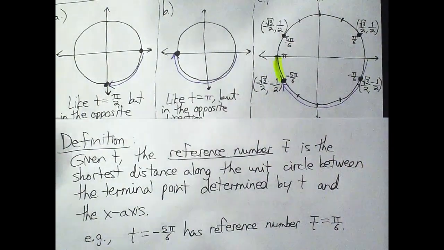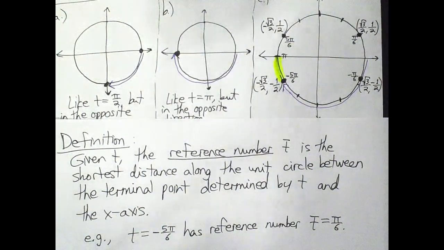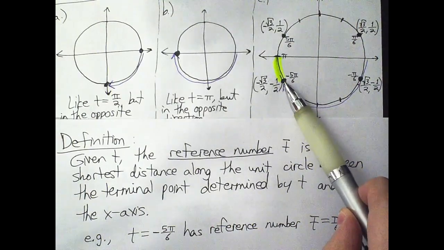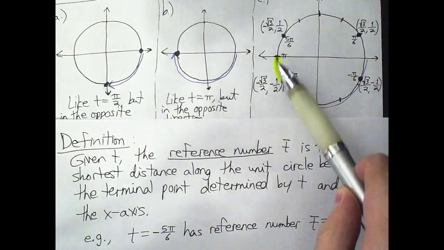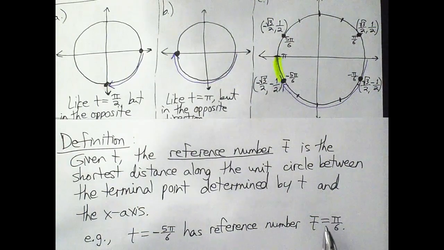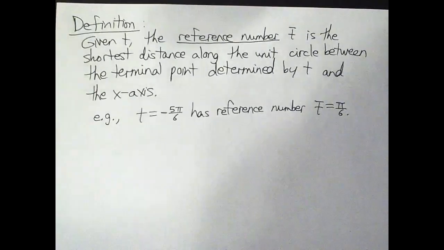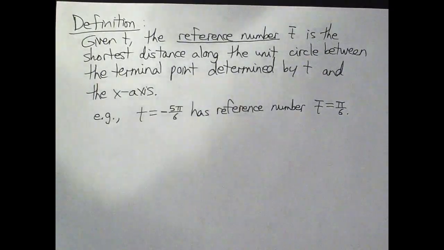I don't know how that shows up on the projector, but that curved distance that I just highlighted is the shortest distance along the unit circle between the terminal point that we're interested in and the x-axis. And that distance is, in this case, pi over 6. Okay?